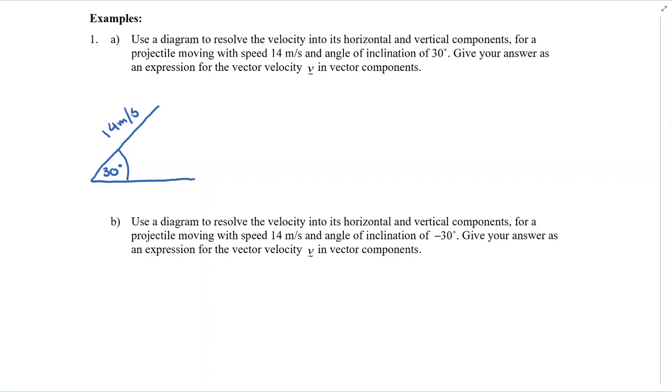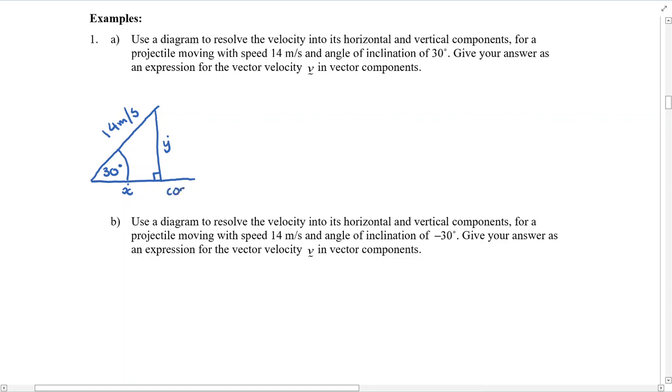So we want to draw a right angle triangle and work out the horizontal and vertical components. So this is our first question, first time, so I'm going to do it slowly, and then you might eventually, like I said, start to shortcut to what the answer should be. So if I'm trying to find my velocity of y and my velocity of x on those ones there, if I'm doing the x first, why not?